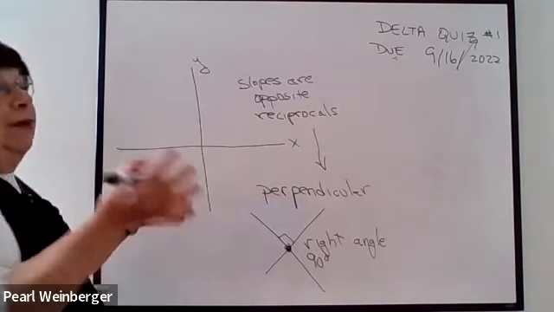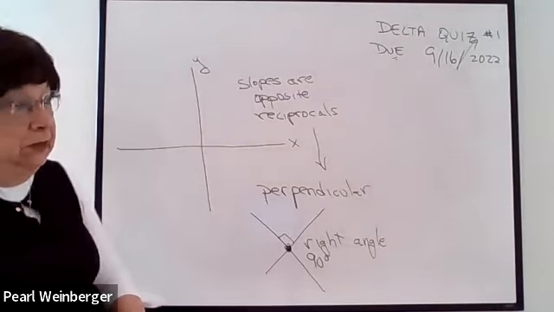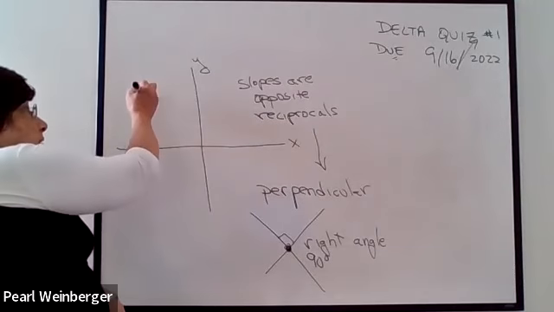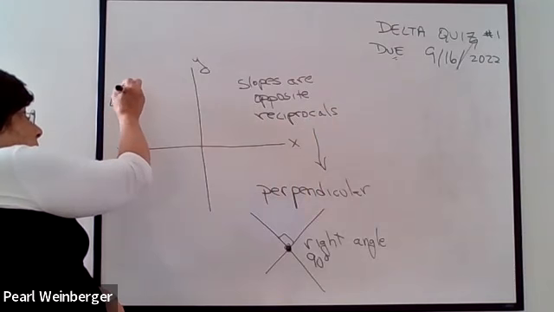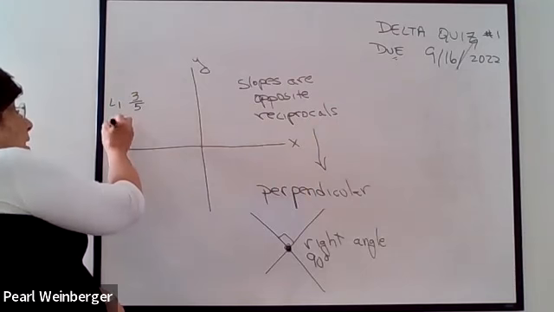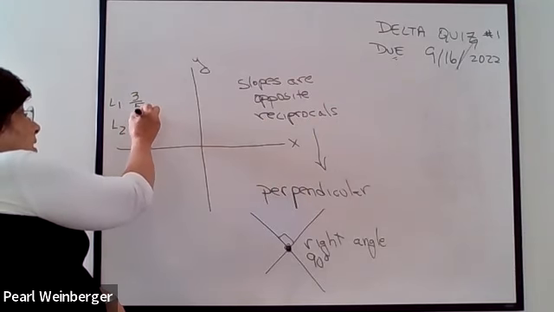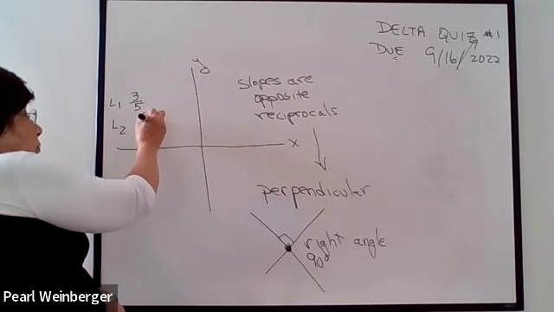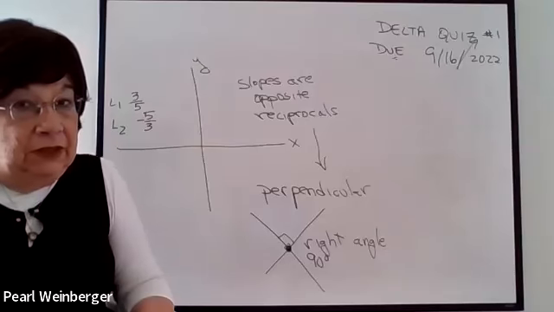Now, what does that mean? What am I telling you? So let me give you some examples. Let's say you know the slope of one line. Let's say this is line 1. Its slope is 3/5. And line 2 has slope -5/3. Opposite, meaning it's the opposite sign.